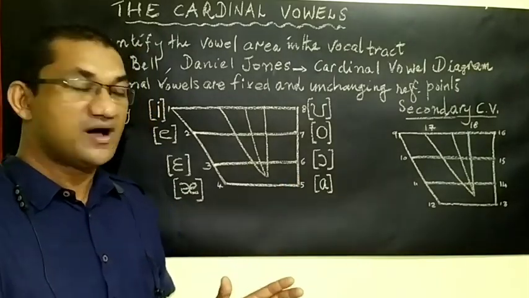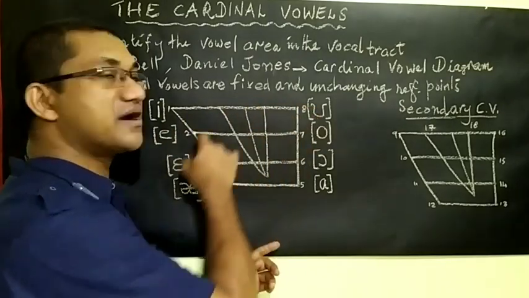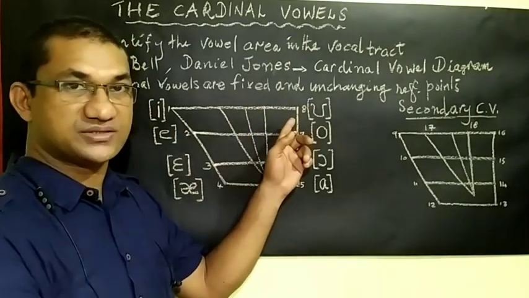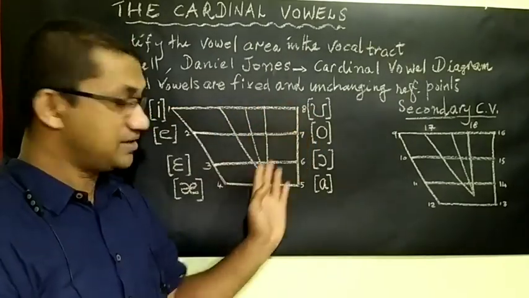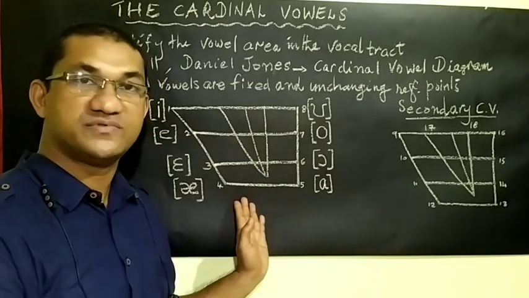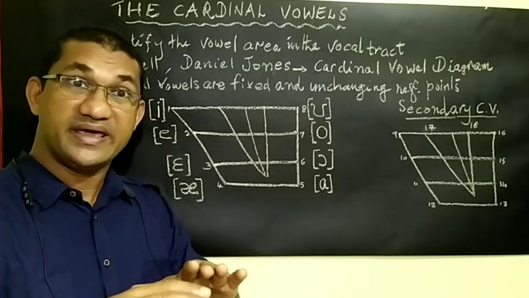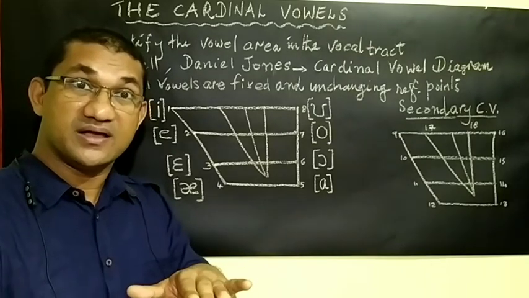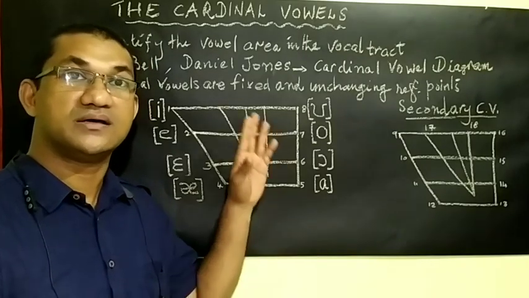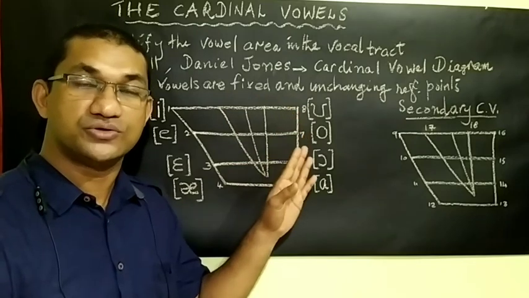And now we have the top of the cardinal vowel chart, and we have, of course, the bottom of the cardinal vowel chart. These two areas, the bottom and the top, have a lot to do with it.